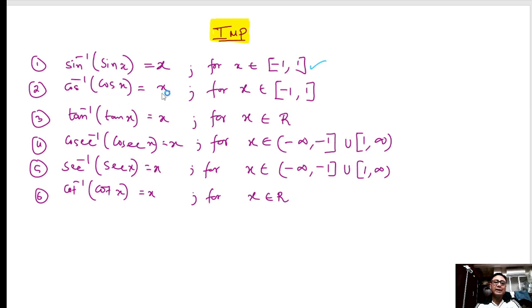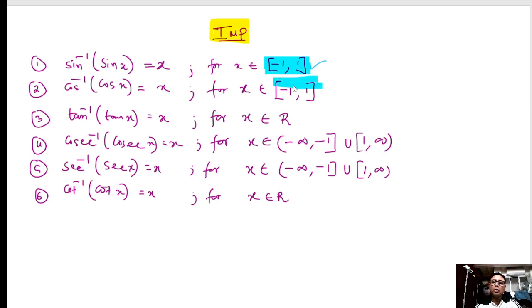Cos inverse cos x will be x, tan inverse tan x will be x, cosec inverse cosec x will be x, sec inverse sec x will be x, cot inverse cot x will be x. And these are the ranges which you have to take care of. x should belong to this range.